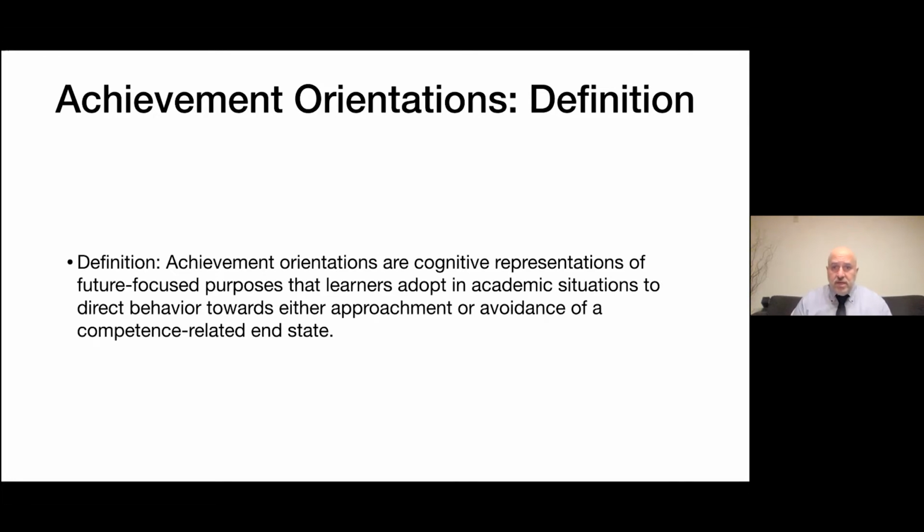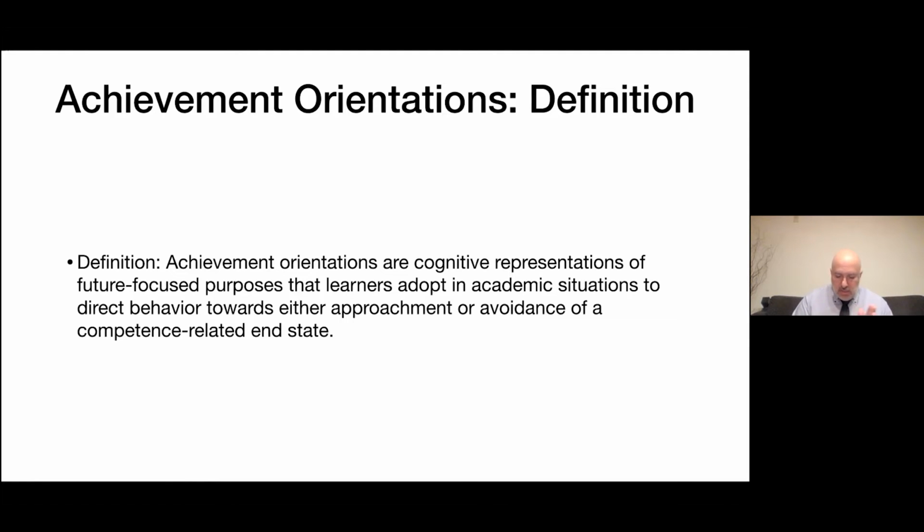So here's a very clunky definition of achievement orientations. They're cognitive representations of future-focused purposes that learners adopt in academic situations to direct behavior toward either approaching or avoiding a competence-related end state. And that's a bit clunky.